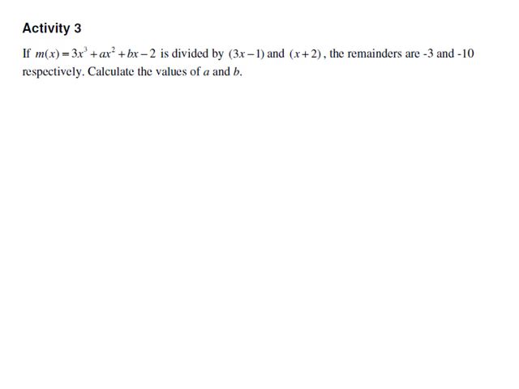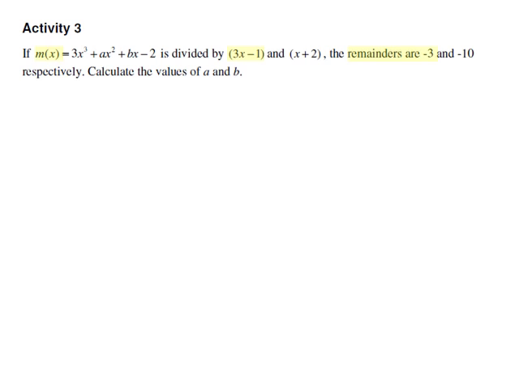In activity 3, we're told that if m(x) is divided by 3x minus 1 and x plus 2, the remainders are negative 3 and negative 10 respectively. Note that we have two unknowns, a and b, and that means we'll need two equations to solve simultaneously to find the values of a and b.